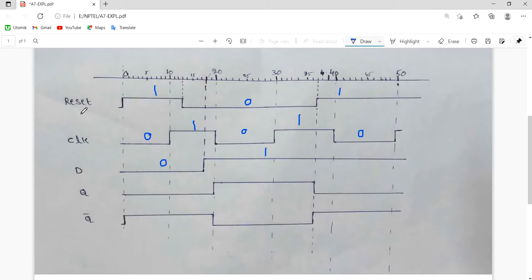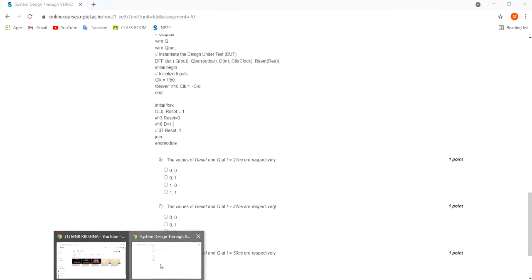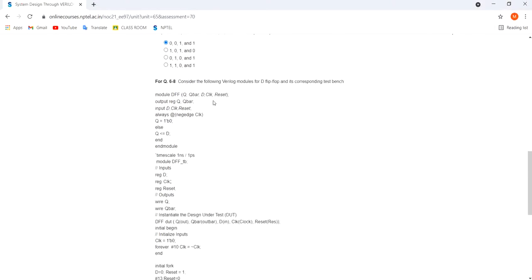That is, if reset is equal to 1, output Q will always be 0. So from 0 to 13, it is 0.